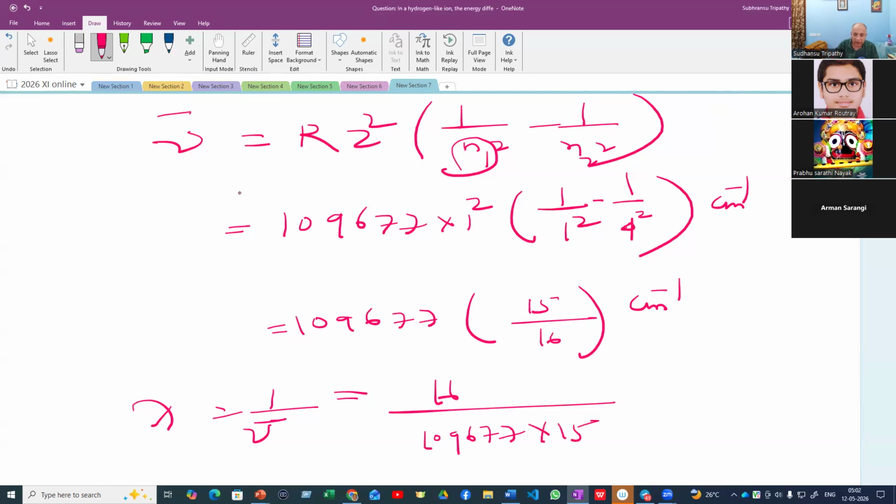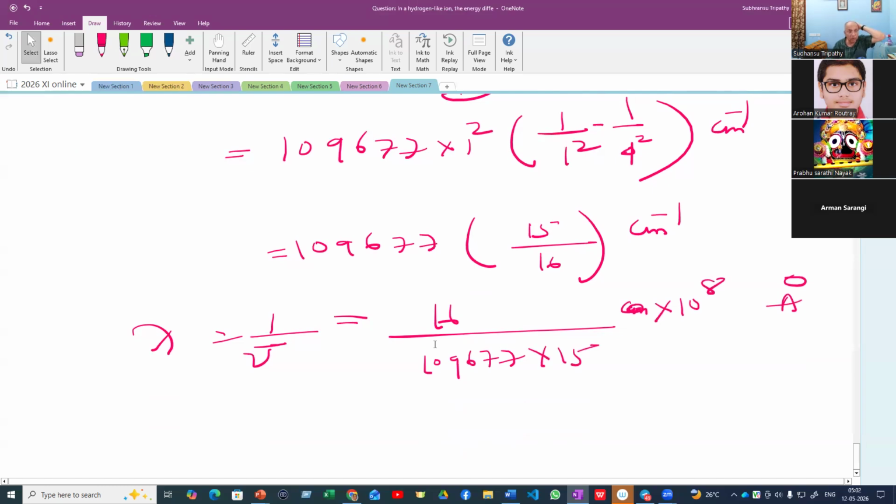You make a reciprocal, and immediately multiply by 10 to the power 8 to make it angstrom, because we have centimeter. 1 centimeter is 10 to the power 8 angstrom. So you can find something, I think it will be 900 something.